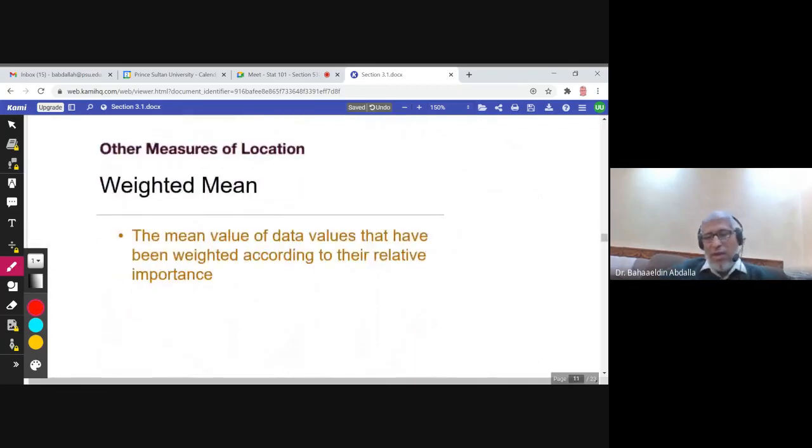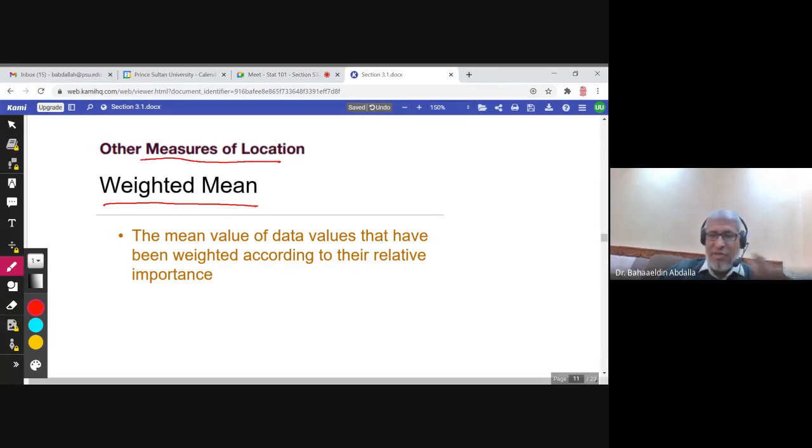We finished talking about types of distributions, and now we go to another important point, which is the last measure of center or location, the weighted mean. Please try to understand what is the weighted mean. This is a very important type of measure. The unweighted mean is the mean that we know, the average.